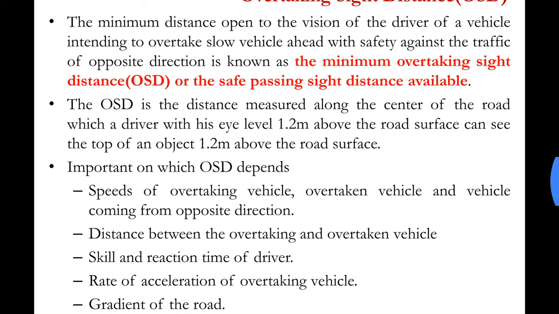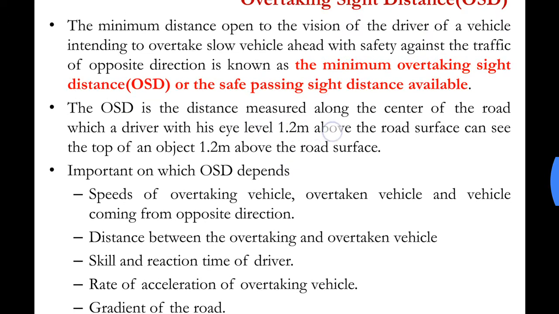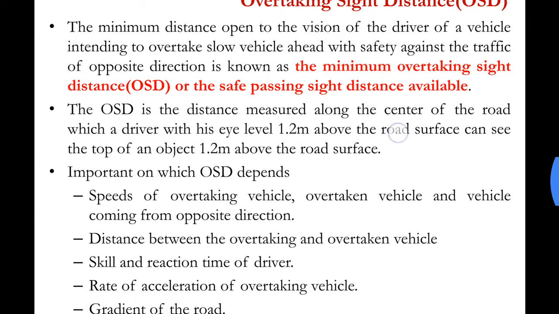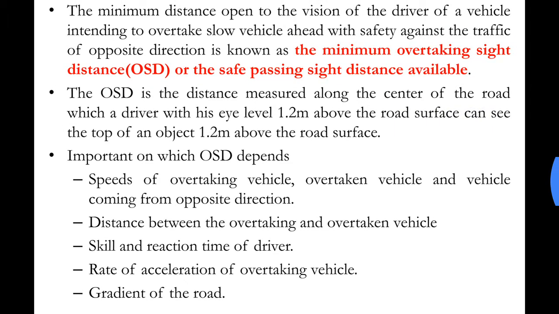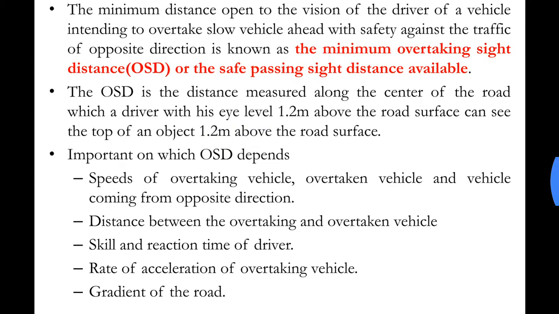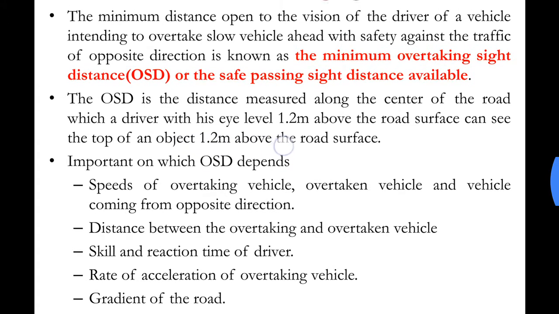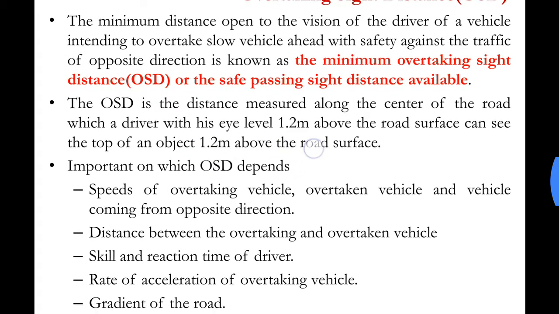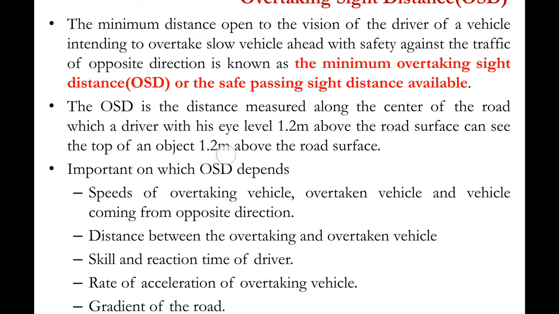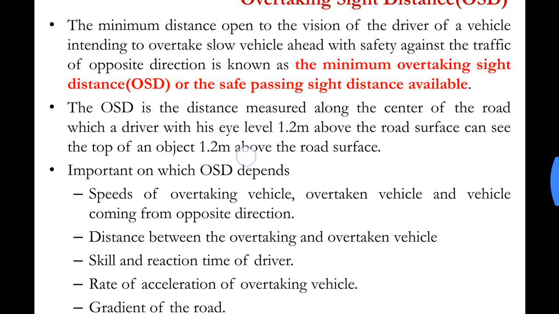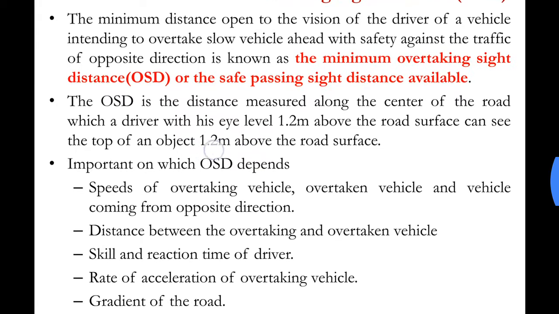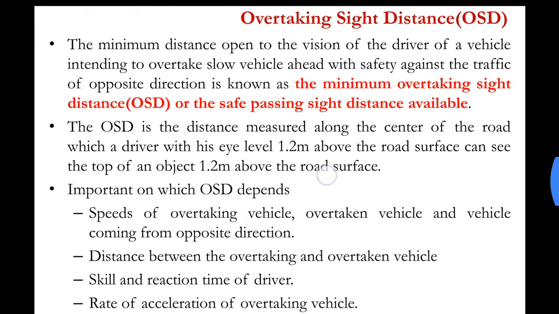As we already studied in my previous lecture, the standard eye level of a driver is considered to be 1.2 meters above the road surface, and here we consider the obstruction height as 1.2 meter also. In the case of SSD the object height that we considered was 0.15 meters. But here in OSD it is also 1.2 meters.